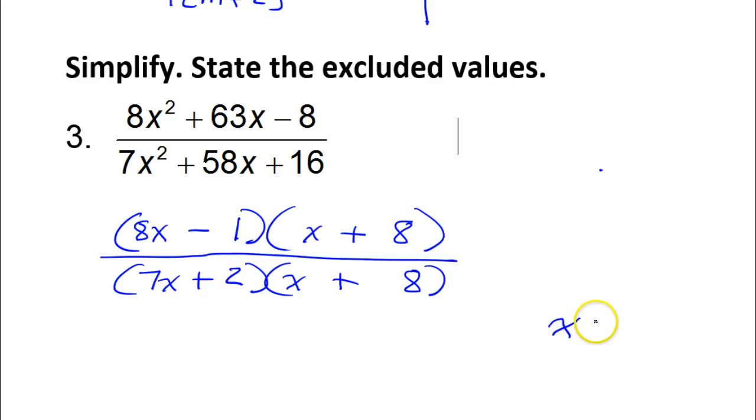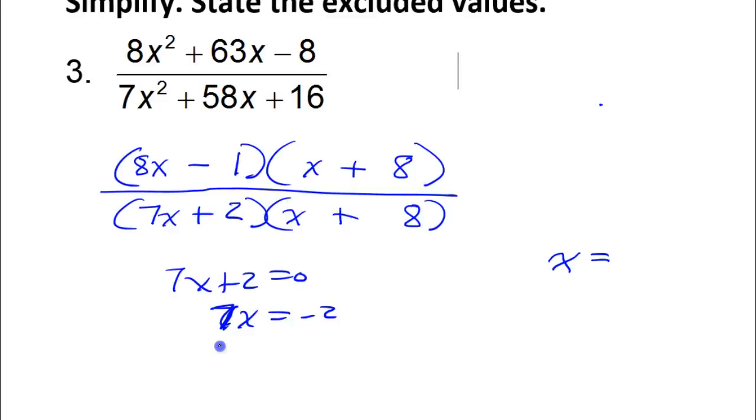So x cannot equal, now if I take 7x plus 2 and set that equal to 0, that gives me 7x equals negative 2. If I subtract the 2, dividing by 7 gives me x equals negative 2 over 7. So x cannot equal negative 2 over 7. If I set the x plus 8 equal to 0, I get x cannot equal negative 8.